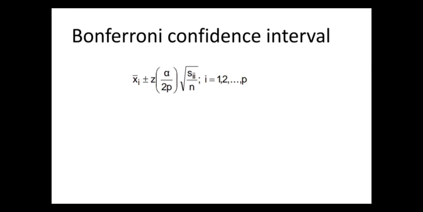Just replace the chi-square with the standard normal distribution. To interpret the confidence interval is the same as before, or you can also use the confidence interval to conclude about the possible value of the population mean.